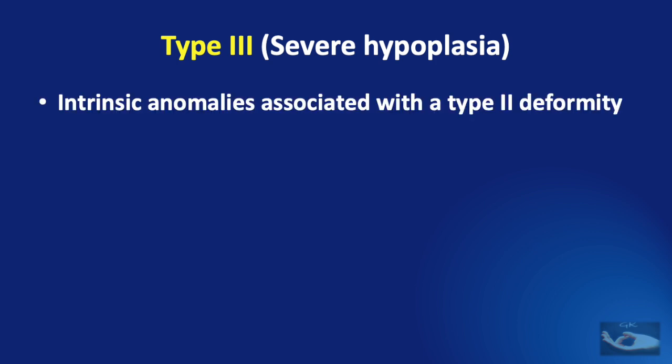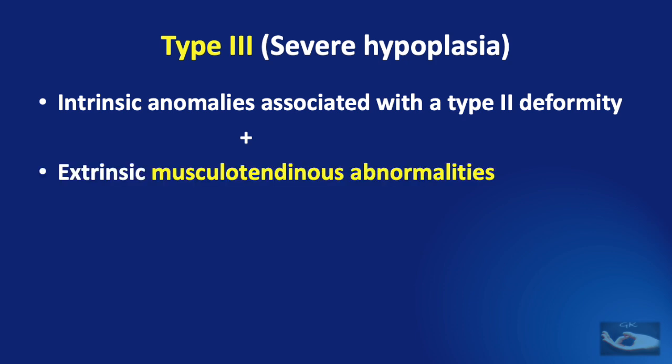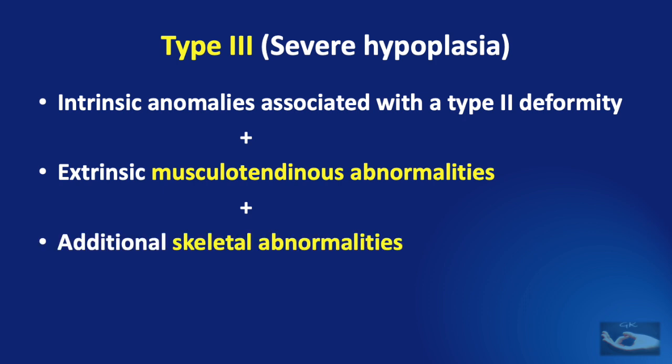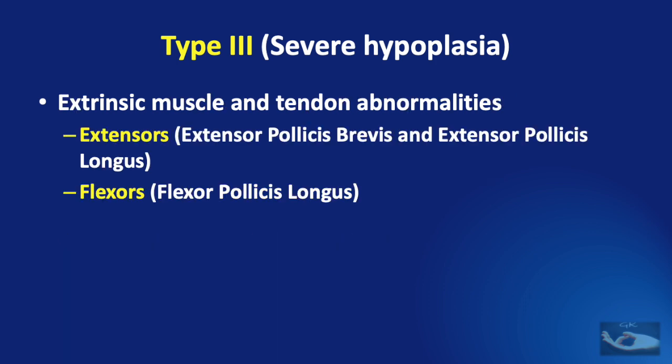It is known as type 3 hypoplasia when the intrinsic anomalies associated with the type 2 deformity are present, along with extrinsic musculotendinous abnormalities and additional skeletal abnormalities. First, let us consider the extrinsic musculotendinous abnormalities that are seen.